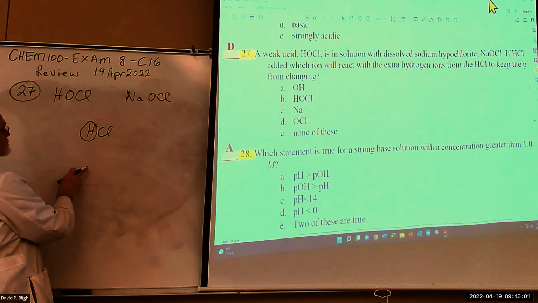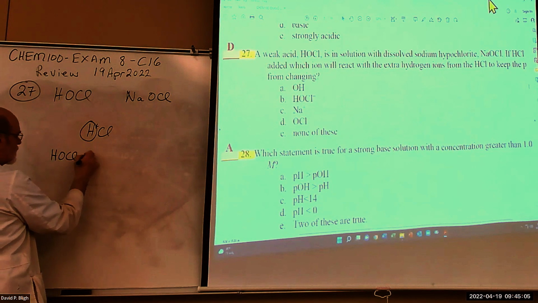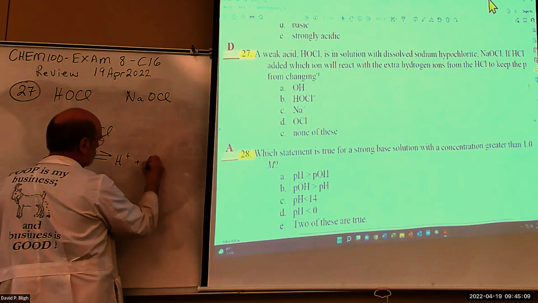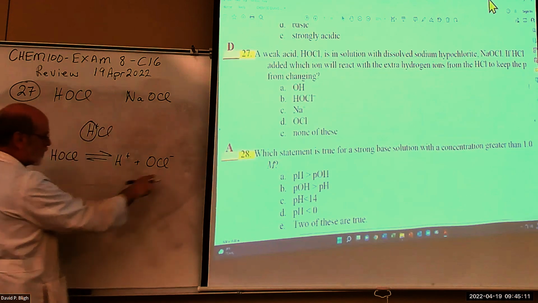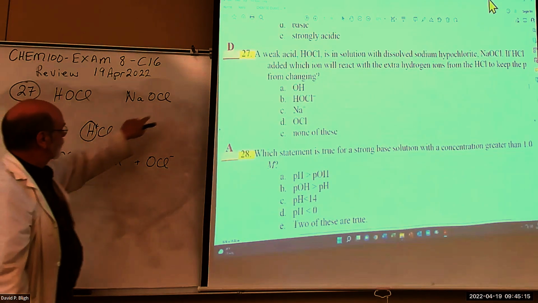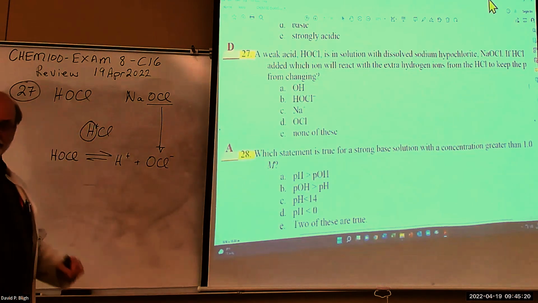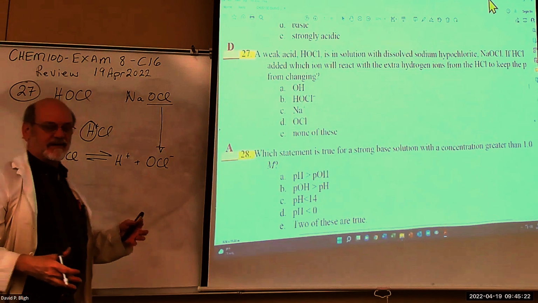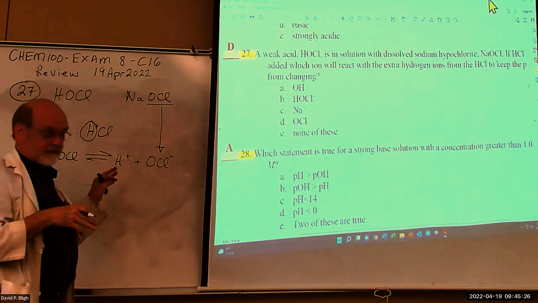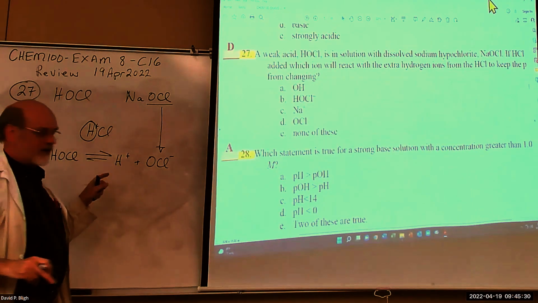Notice what we've done. We've got a situation here where the weak acid is in equilibrium with its conjugate base. We've provided this here. We've provided this here. All right, so they're pre-existing, this one and that one. They're still in equilibrium. Now, if we add extra here, what is it going to react with?